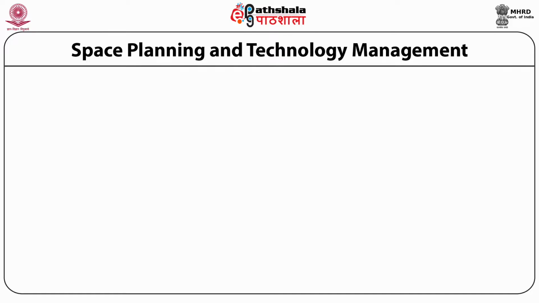So, despite the fact that technologies are shrinking and at the same time becoming more powerful, there are some technologies such as RFID which require more space in the library. So space planning and technology management is very important.